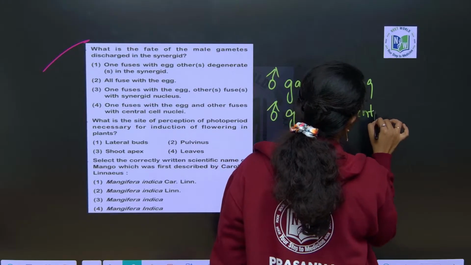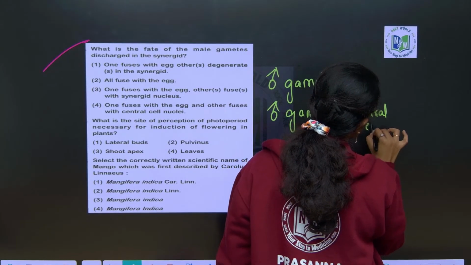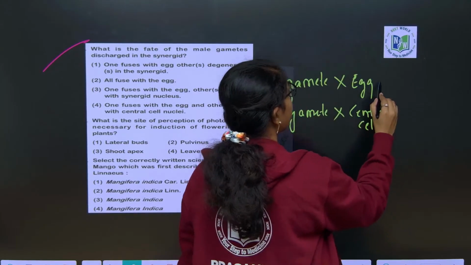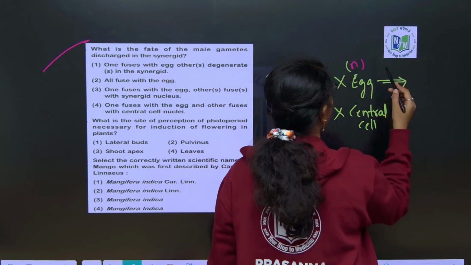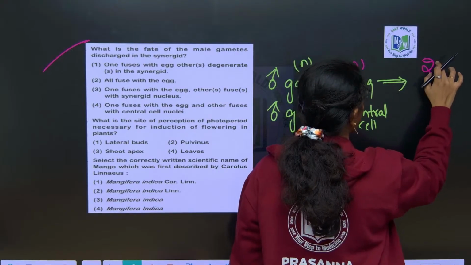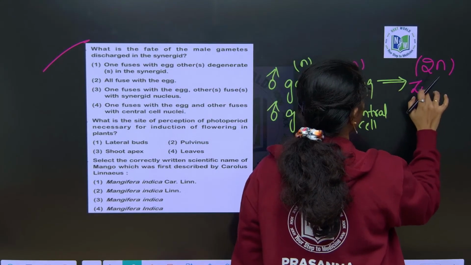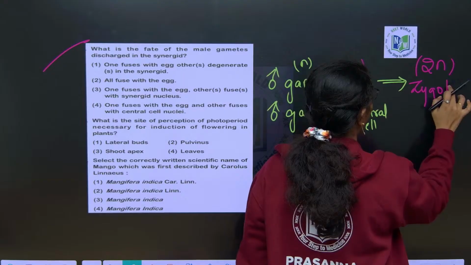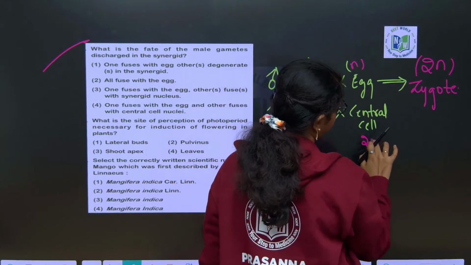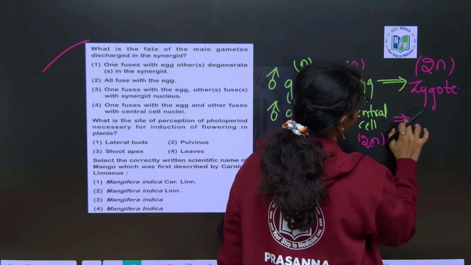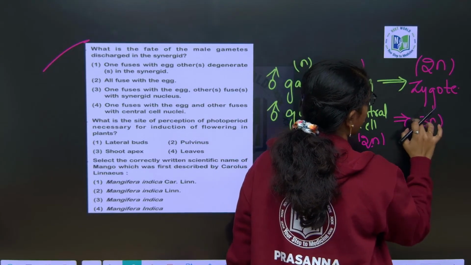The other male gamete will fuse with what? Central cell. Haploid male gamete fusing with haploid egg will form a diploid zygote. It will form what? Diploid zygote. And next, haploid male gamete fusing with diploid central cell will form a triploid endosperm.